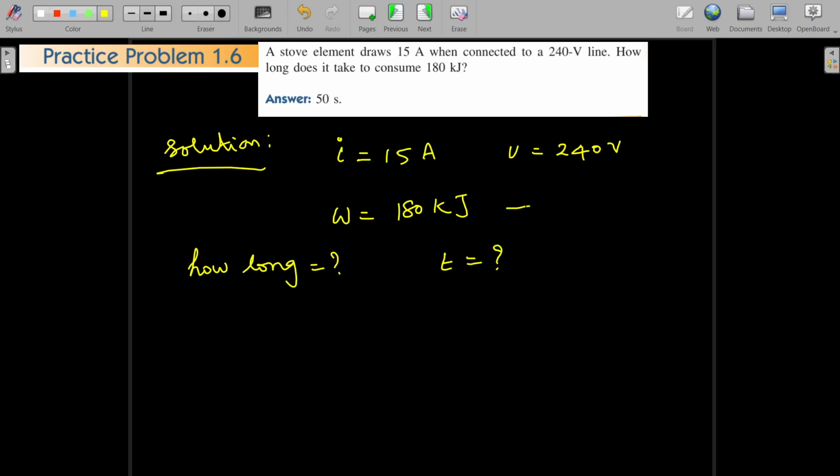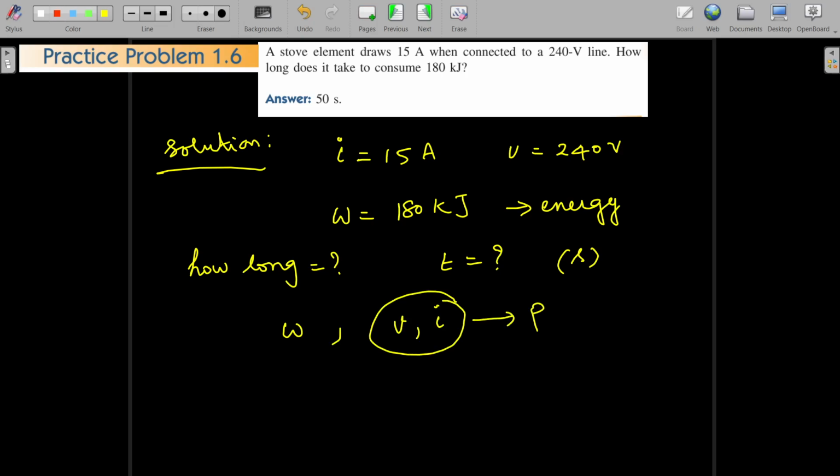The energy here is given in terms of kilojoules, so we'll calculate the time in seconds only. But this energy and voltage, current are not directly related, but they are indirectly related. That means if you calculate power using this V and I, we can calculate this energy.